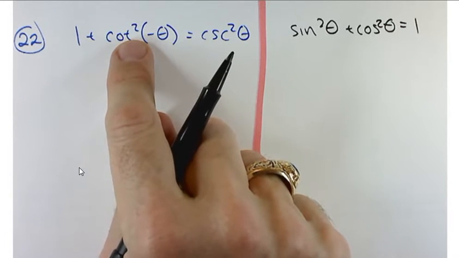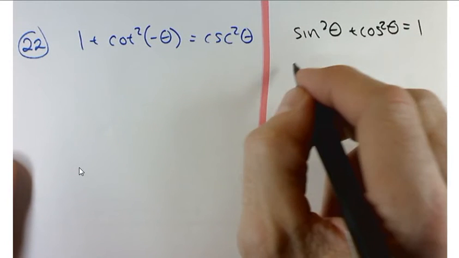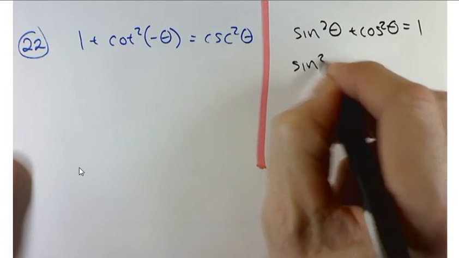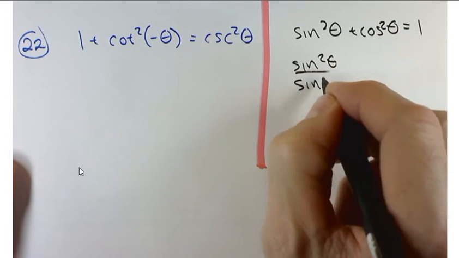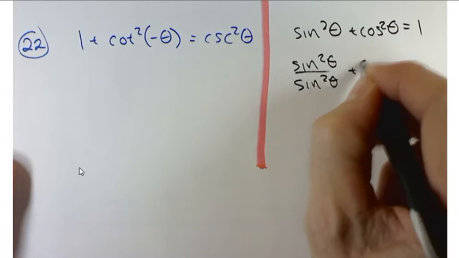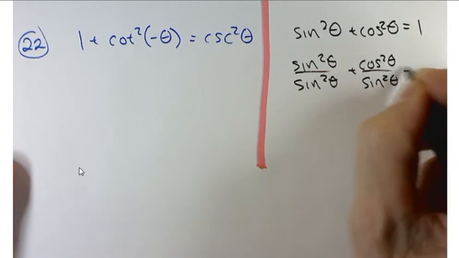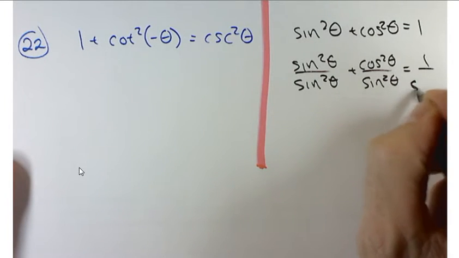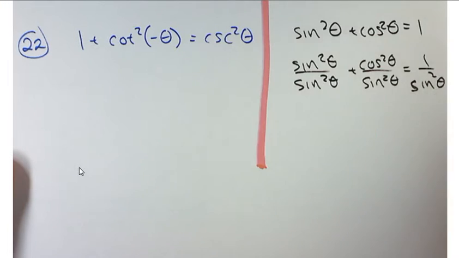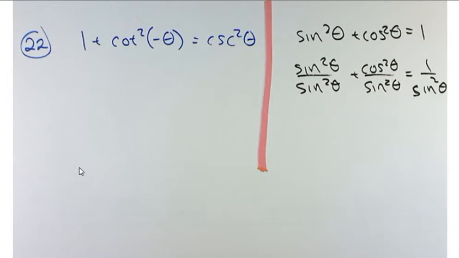Sine. So how about if I take this Pythagorean theorem and divide everything through by sine of theta? Actually, by sine squared of theta, really. And simplify that. Don't just leave it like it is. Simplify it.